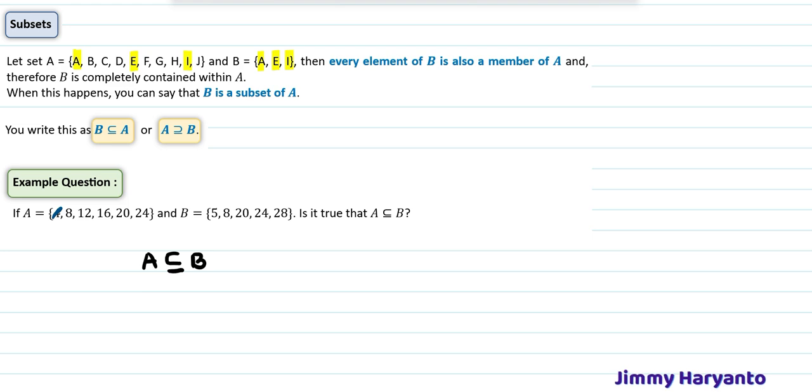A has 4, but B doesn't have 4. When we are looking at the 4 only, we already know that A is not a subset of B. Why? Because there is no 4 in B. That means we can say that A is not a subset of B.